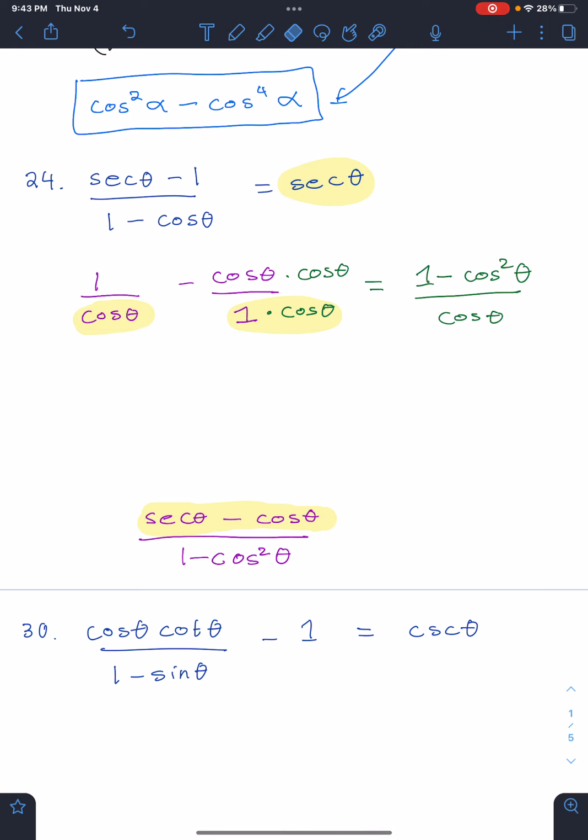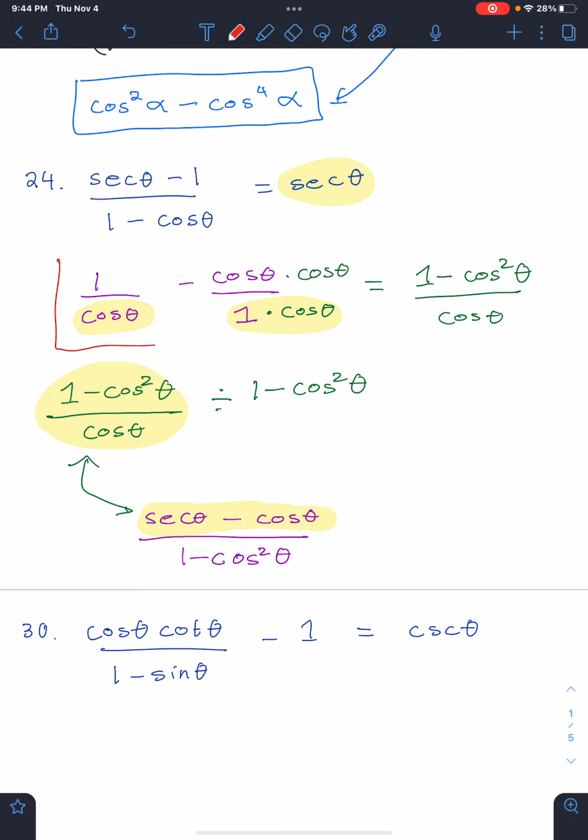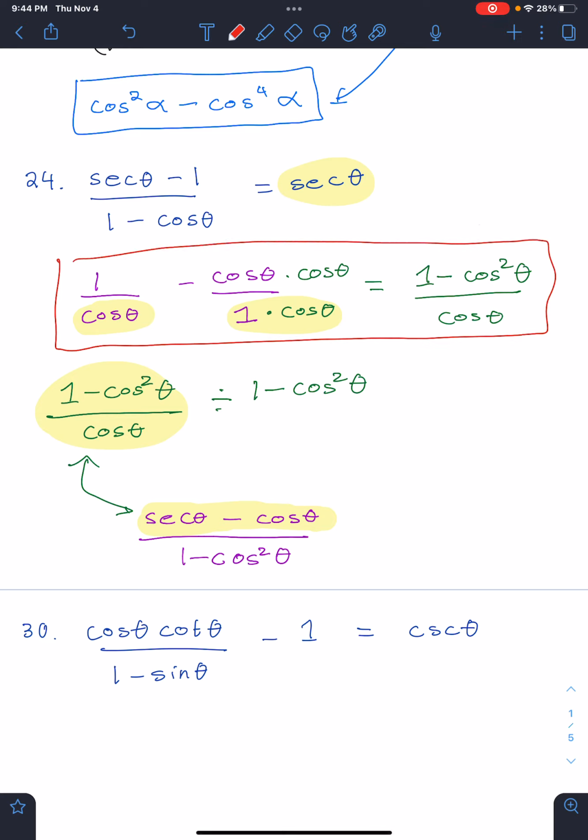So what I'm going to do now is write 1 minus cosine squared theta over cosine squared theta divided by 1 minus cosine squared theta. Once again, this yellow part was equivalent to this part, and we got that from doing this math up here. So now that I have this, I'm going to put this over 1.